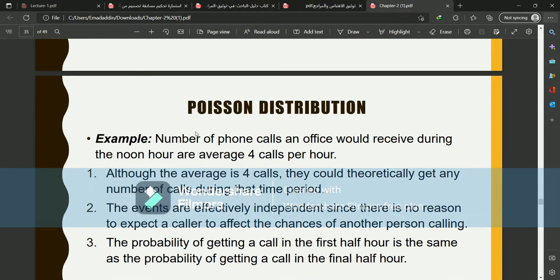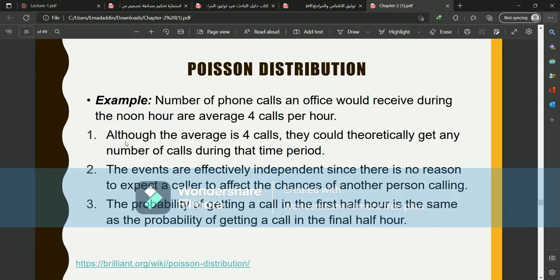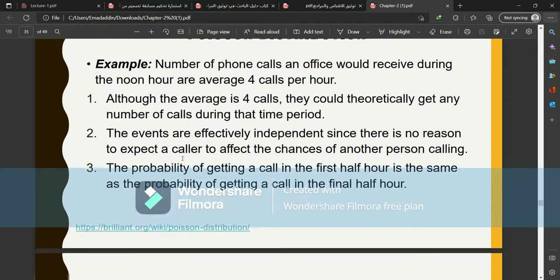Poisson distribution example: the number of phone calls an office would receive during the noon hour. Average 4 calls per hour. Though the average is 4 calls, they could theoretically get any number of calls during that time period.